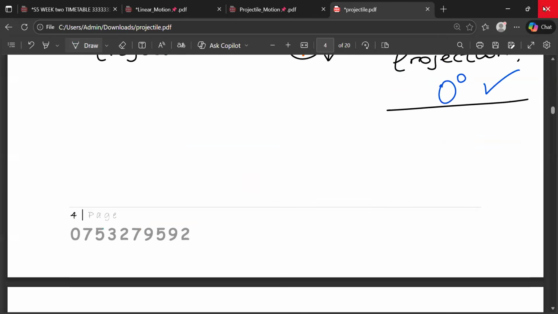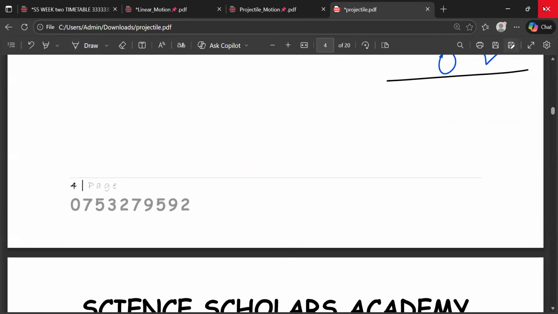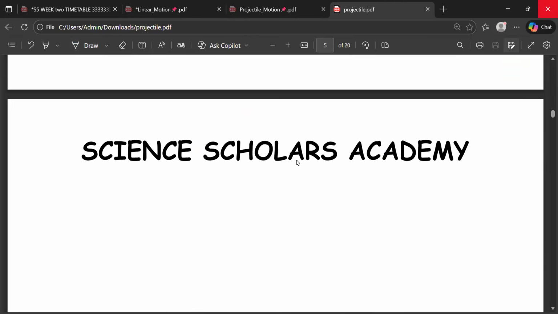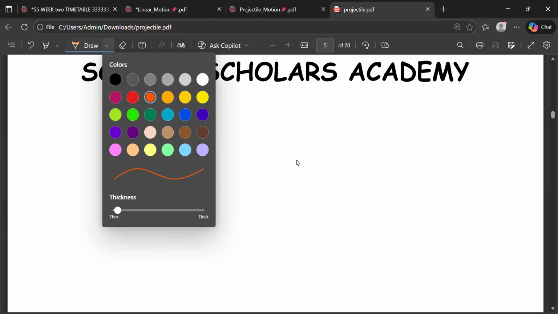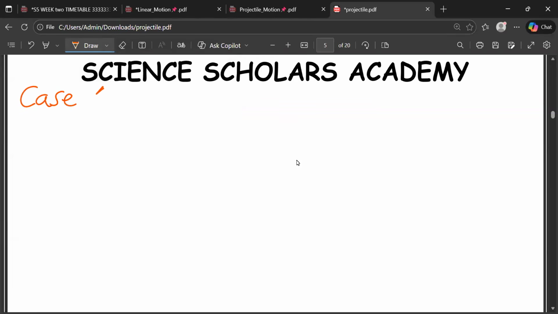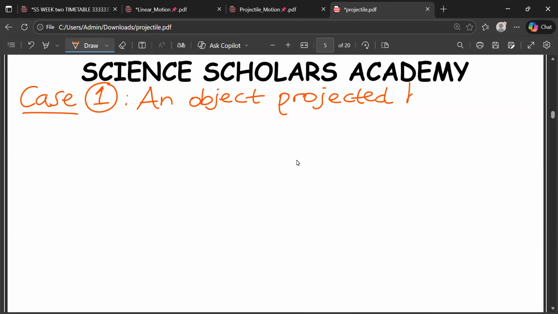Now after all that, I've told you these ones are needed in session 2, and I'll talk about them. Okay, now let's begin with our object. So case 1 for the object. Case 1, we shall say, it is an object projected horizontally from a height above the ground.